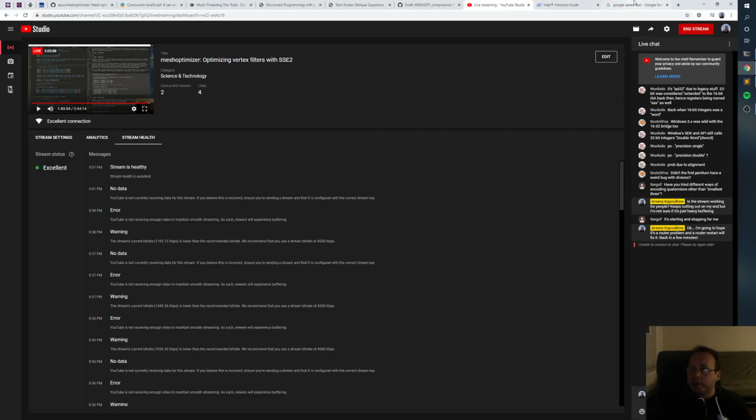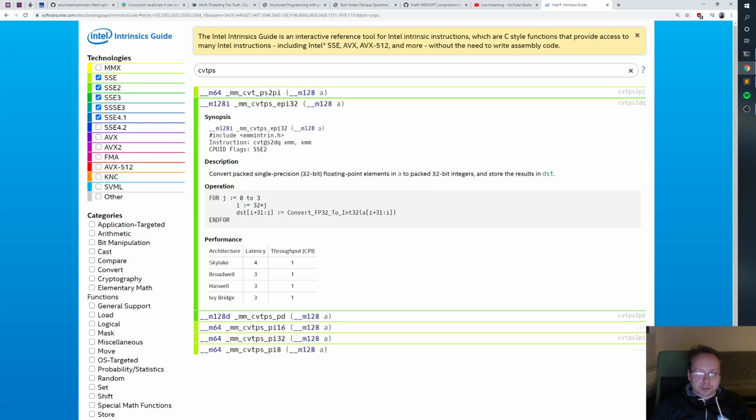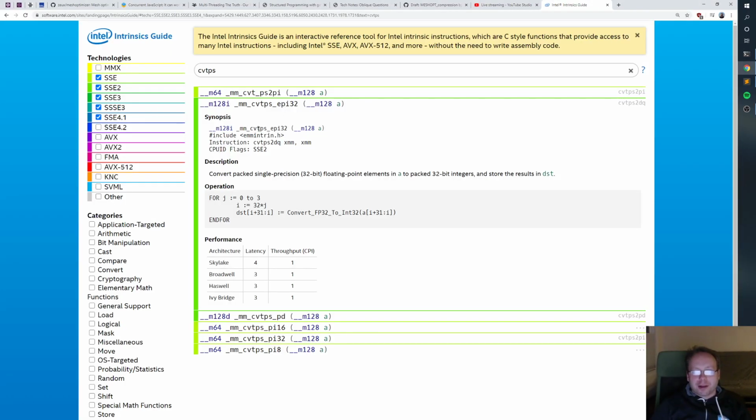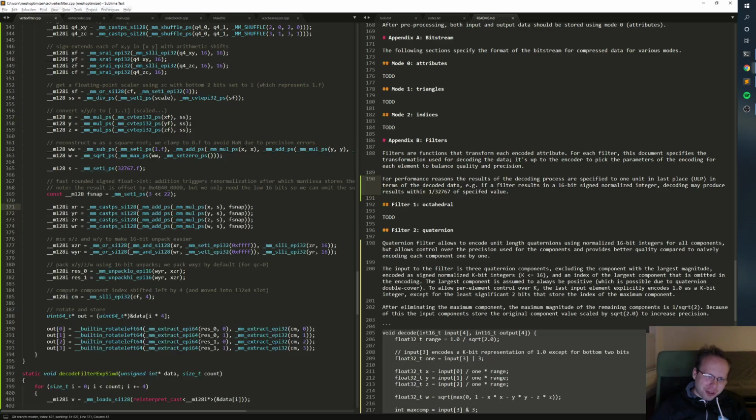One possible optimization is that right now we are doing this floating point to integer cast in a really weird way where we add a very large floating point number. It actually probably is still the fastest way to do this, but there is an intrinsic to do this, which doesn't necessarily round to nearest integer, but I want to say that by default it does.